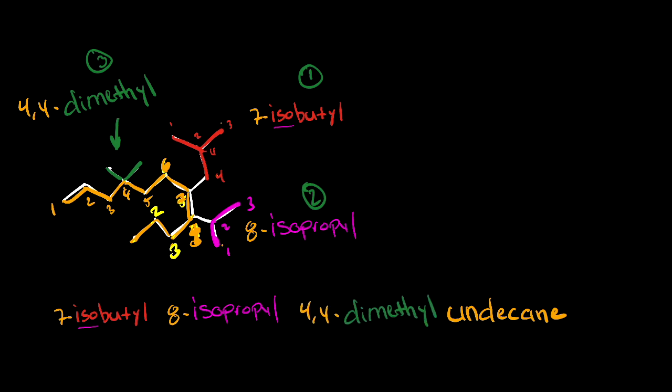There we go. And add our dashes. So 7-isobutyl dash 8-isopropyl dash 4,4-dimethylundecane. Okay, and this part doesn't need a dash. That's going to basically be one gigantic word. 7-isobutyl-8-isopropyl-4,4-dimethylundecane.